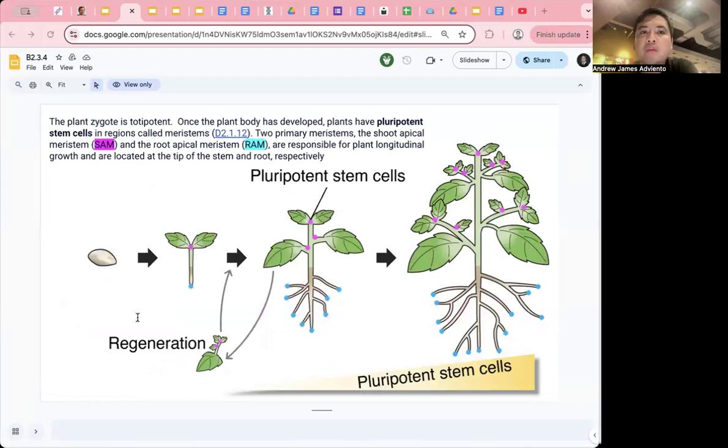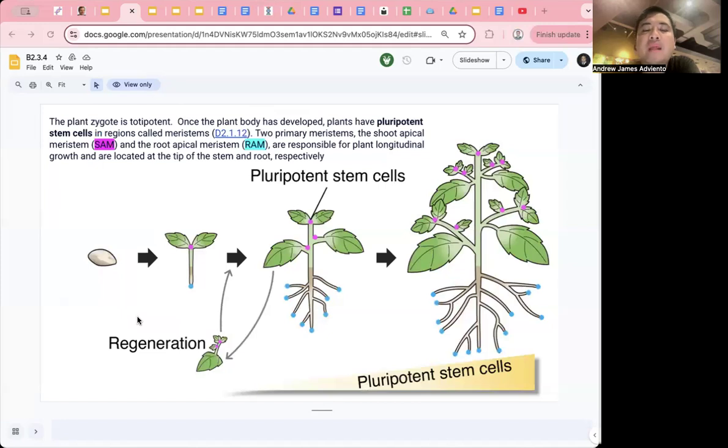All right. Totipotent, pluripotent, and multipotent stem cells in plants. Plants also rely on stem cells for growth and regeneration. First, totipotent plant cells. Almost all plant cells are totipotent and can regenerate a whole plant from a single cell.